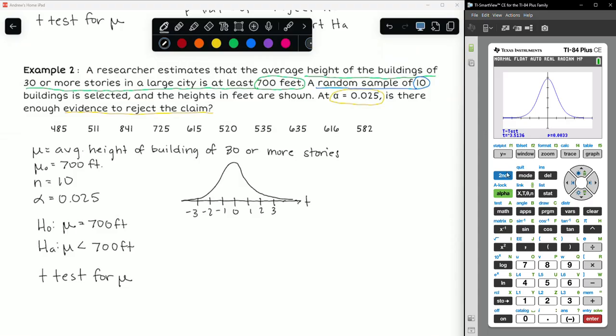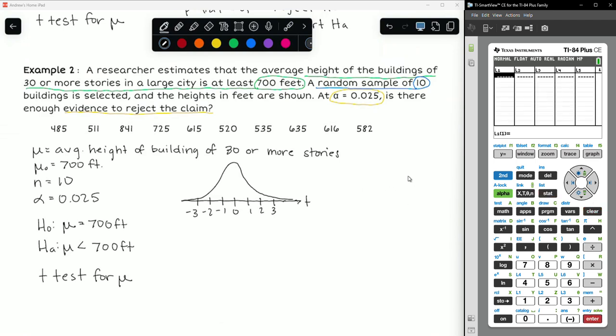In this case, because I was given raw data, I need to put that data in a list on my calculator. So stat, enter, and we're going to type those 10 numbers into list 1. I'm fairly certain I typed those correctly. I know I have the right number because my last value is in cell 10.